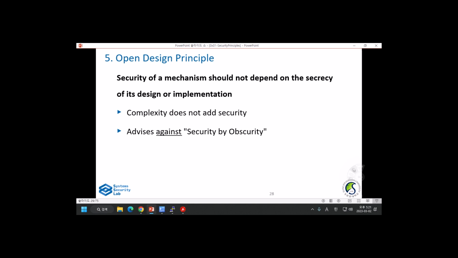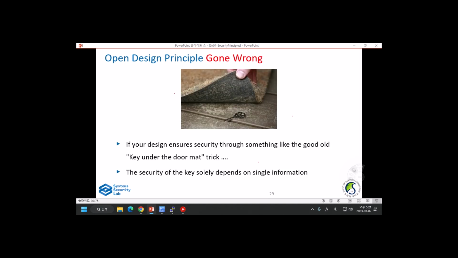So what's an example of security by obscurity? Okay, let me show you a good example here. So this is security by obscurity, right? The security of the security mechanism depends directly on the secrecy of the mechanism itself.